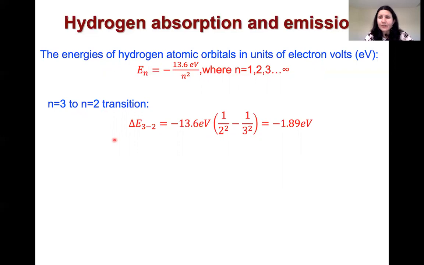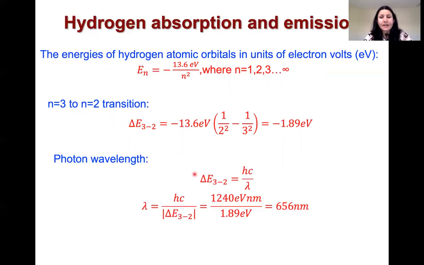So what frequency of photon emitted is that associated with? Or what wavelength, that's what we're looking for. We can set that energy difference equal to the energy of the photon, which is hc over lambda. Wavelength is a positive quantity.